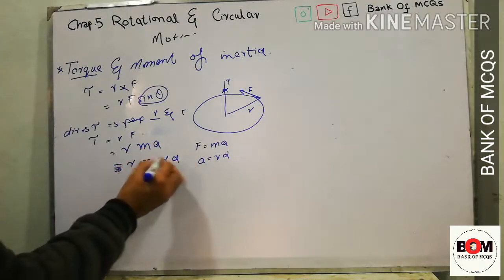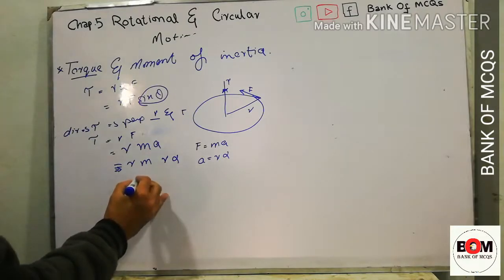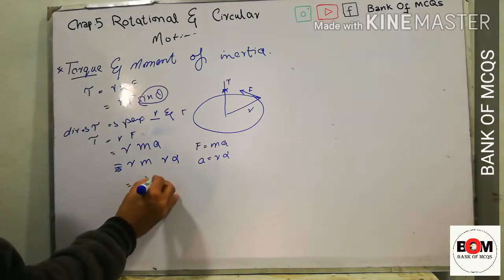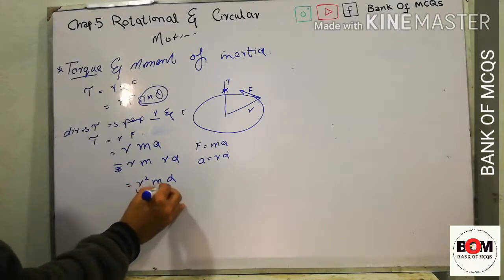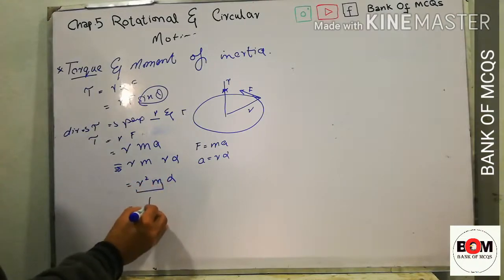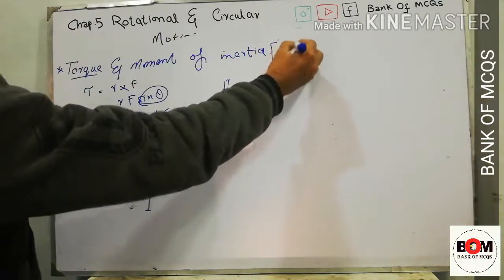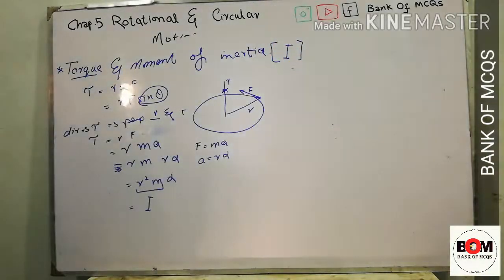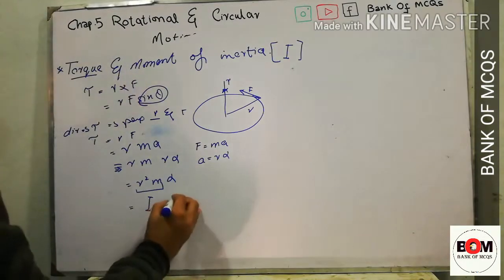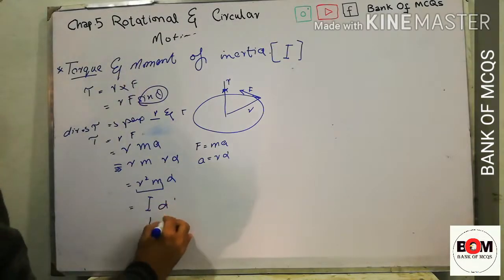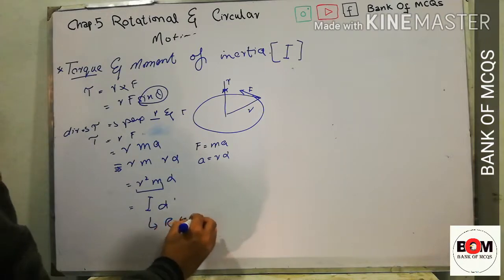We can also write r into r is equal to r square, so torque is r square m alpha, and this m r square is replaced by I, which is called moment of inertia or rotational inertia.